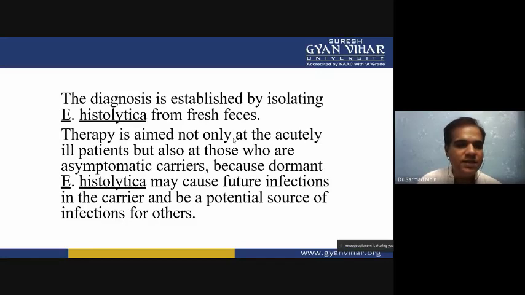When we see it, we can start the antiamoebic drugs. Therapy is aimed not only at acute patients but also at asymptomatic carriers, because dormant Entamoeba histolytica may cause future infection and will work as a carrier.